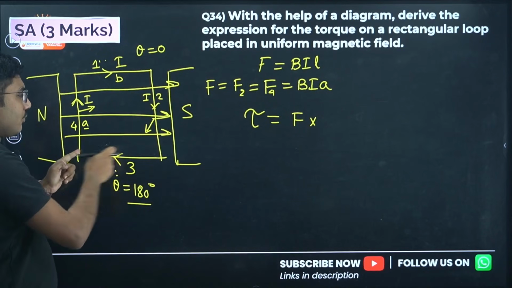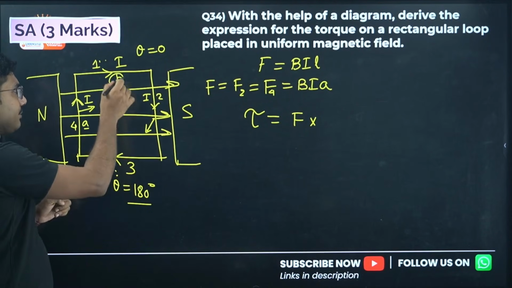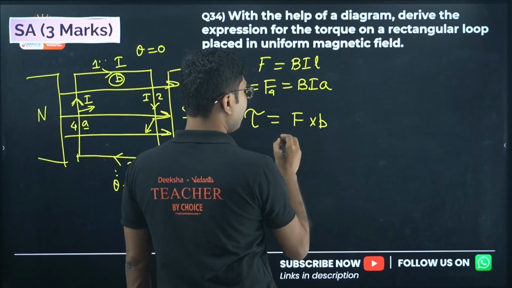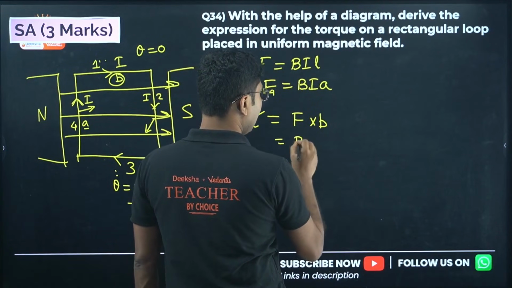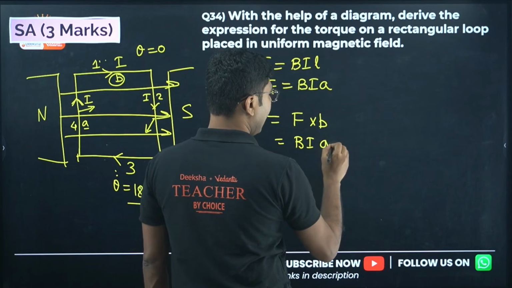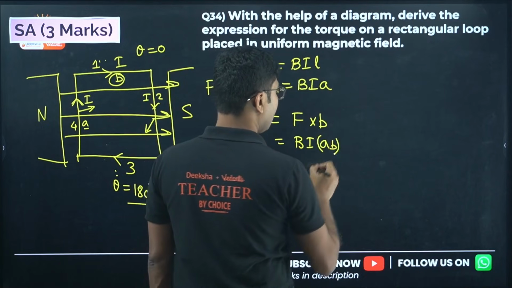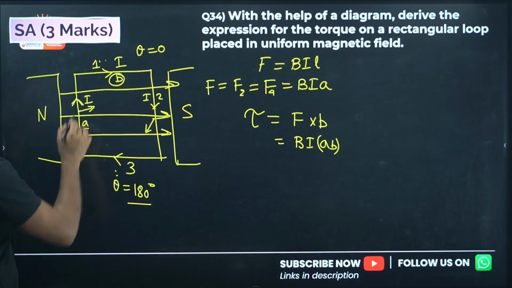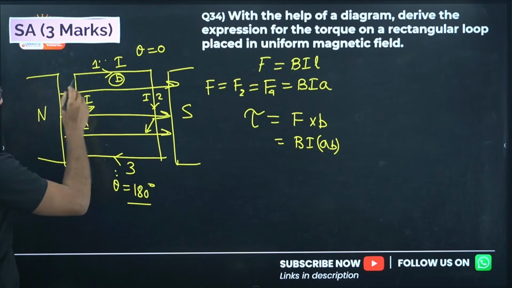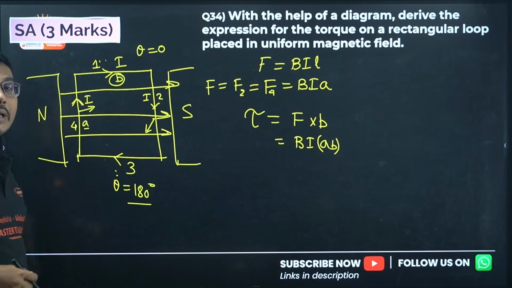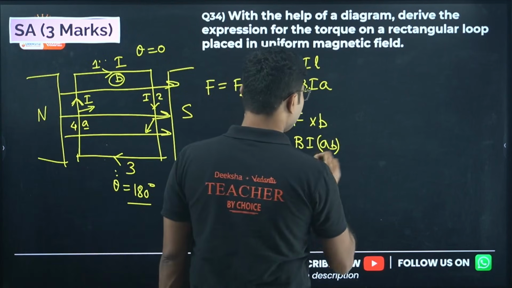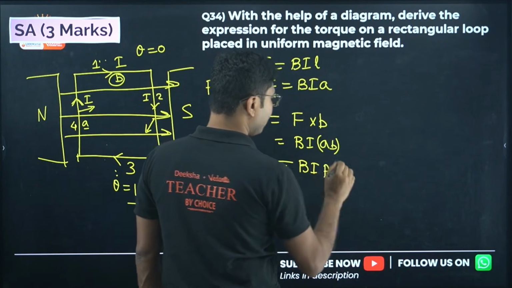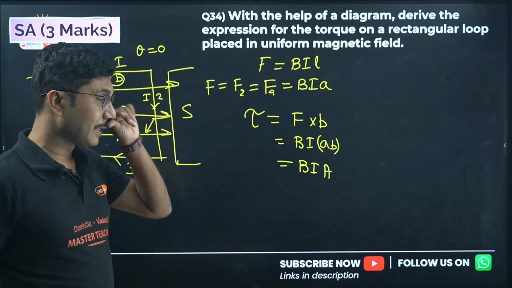So the distance between the forces is b. So F into b. Now put the value: B I a b. Now what is ab? This is a rectangle, length is a, breadth is b. Length into breadth gives the area of the rectangle. So it is B I A. This is the torque acting on this particular loop.